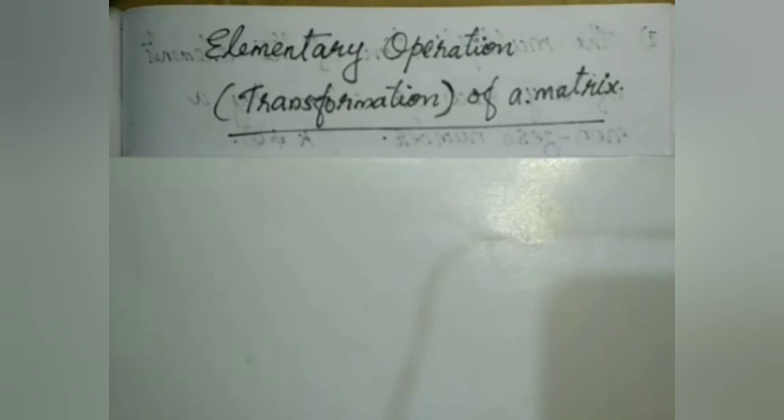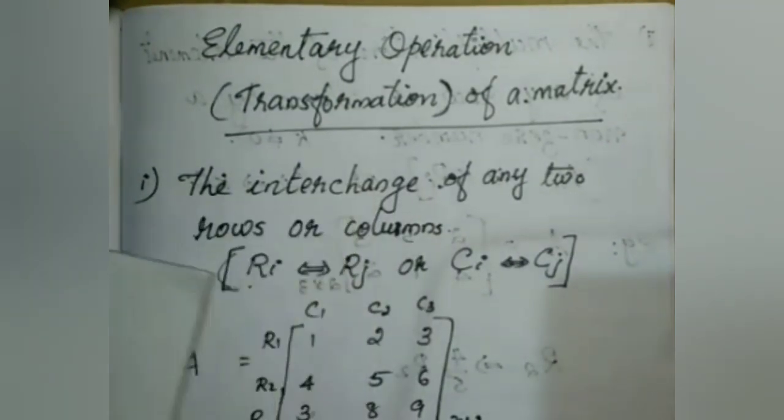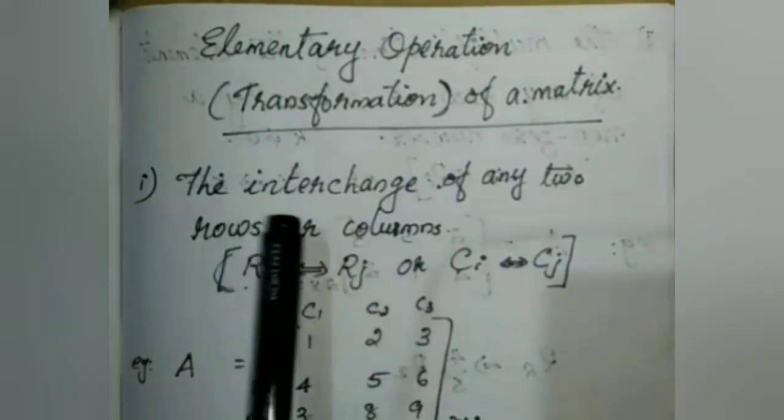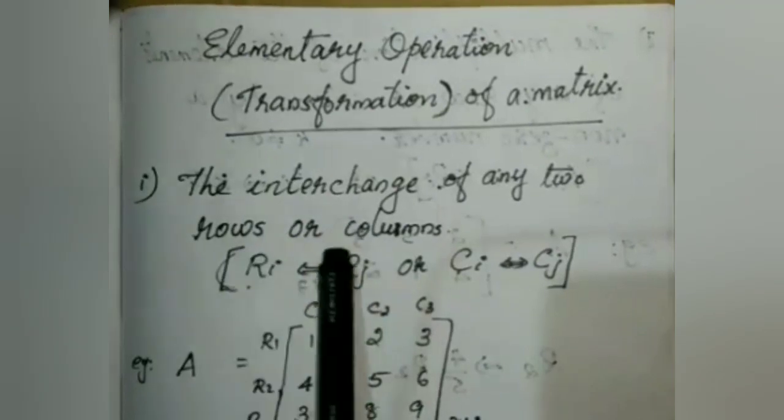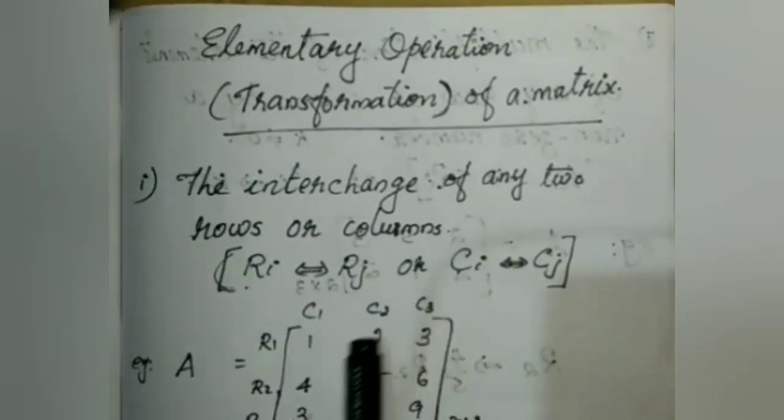Now we are studying 6 transformations. Again I am saying 3 related to rows and 3 related to columns. Let us understand what the first transformation is. The first transformation is the interchange of any two rows or columns.